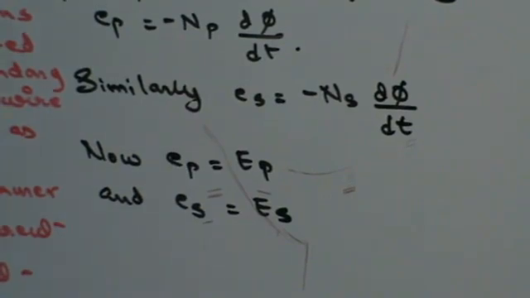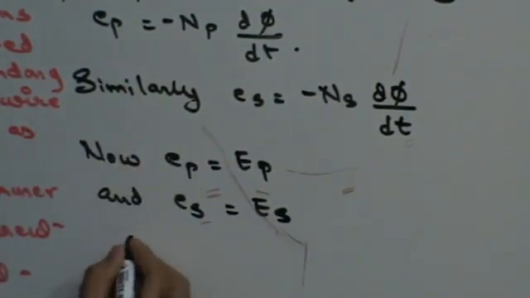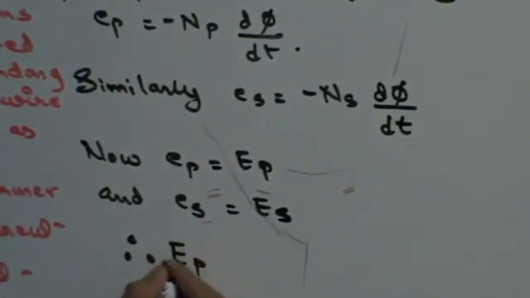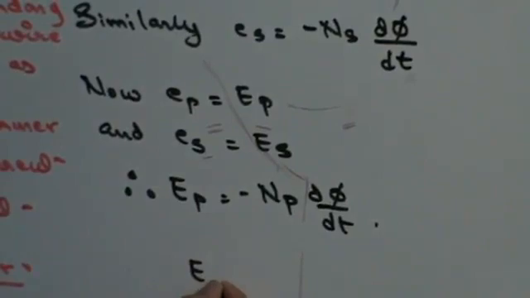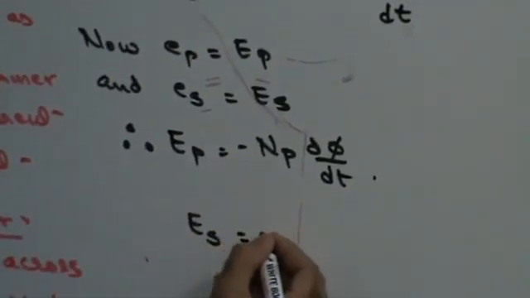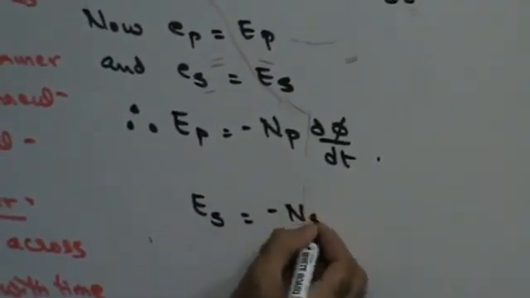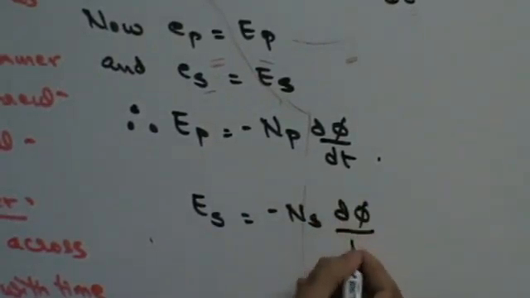Therefore, if I substitute here, the voltage applied across primary is Np d phi by dt. Similarly, the voltage received across secondary is Ns d phi by dt.